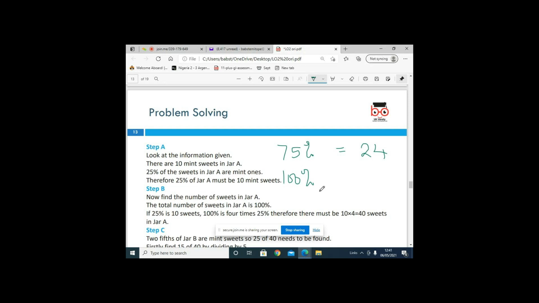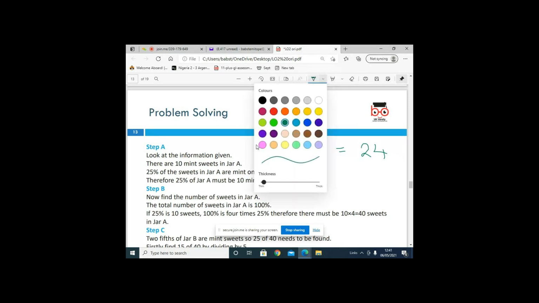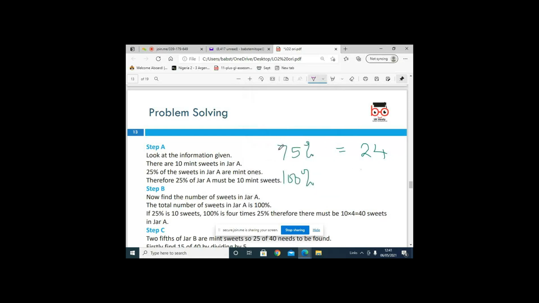No, because if you know that this one is 75%, you have to find 25% first. So when you want to find 25%, you divide this one by 3 to get 25. What is 75 divided by 3? It's 25.